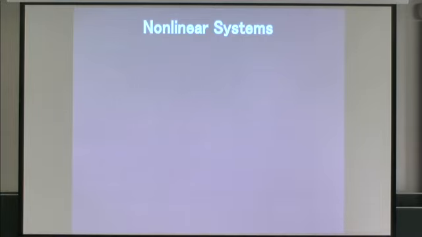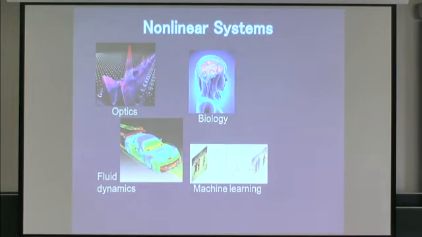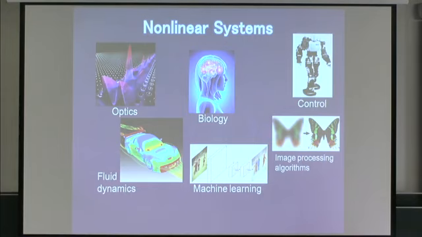So the very, very grand, ambitious goal is to understand nonlinear systems better, basically. In many cases in the world we have nonlinear optics and fluid dynamics. In biology we have nonlinear phenomena, of course in machine learning today, nonlinear control, and of course in image processing, where we are.